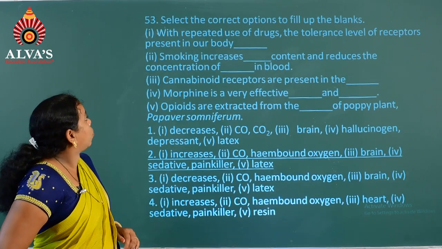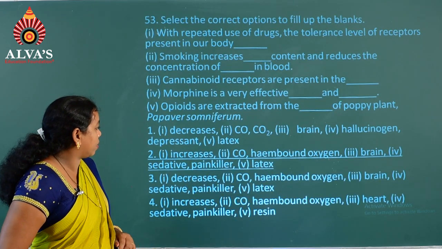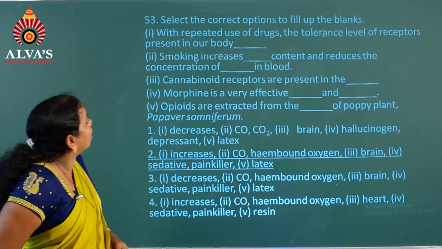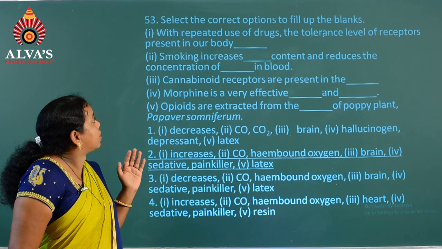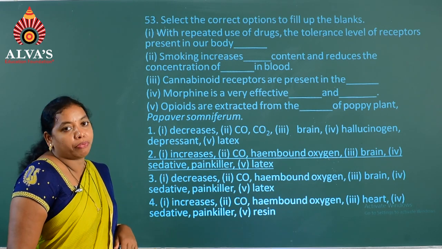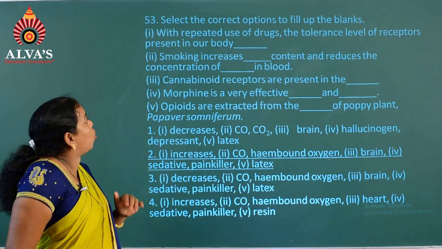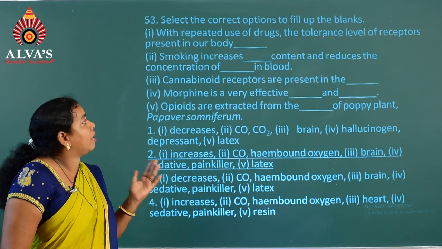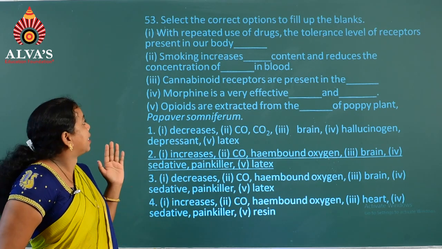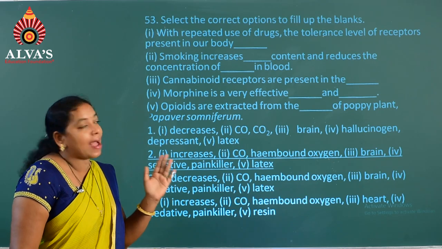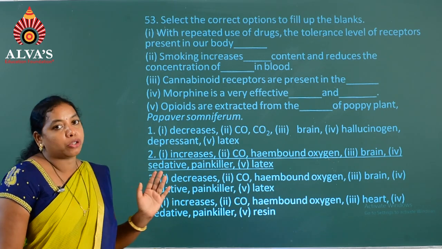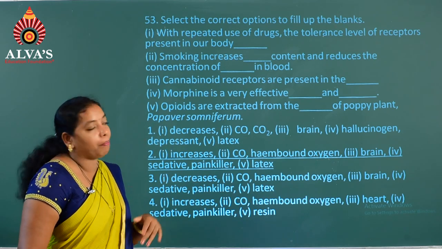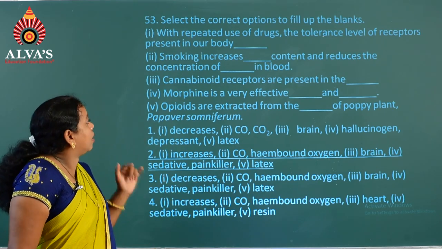The next question, question number 53. Select the correct option to fill up the blanks. First, with repeated doses of drugs, the tolerance level of the receptor present in our body dash. Second, smoking increases dash content and reduces the dash concentration in blood.